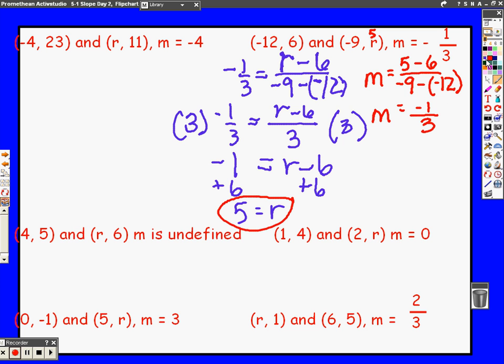And I know that this answer is correct because I started with a slope of -1/3. So my missing value is 5 equals r. The other examples you can do on your own, and if you have questions about them, you can come see me. Hopefully everybody is now understanding how to find the missing coordinate given 2 points and the slope.